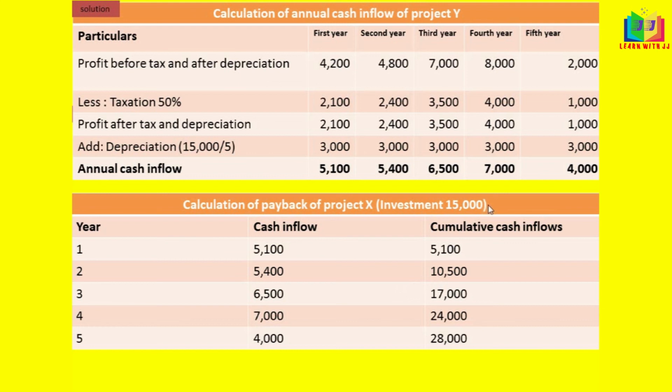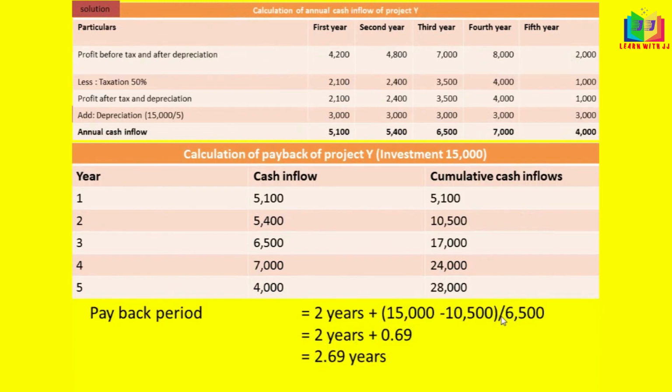This too lies in between second year and third year. So first we have to write 2 years plus the investment, that is 15,000 minus the cumulative cash inflow of the second year, because it starts from second year, right? So 15,000 minus 10,500 divided by the inflow of third year, that is 6,500.